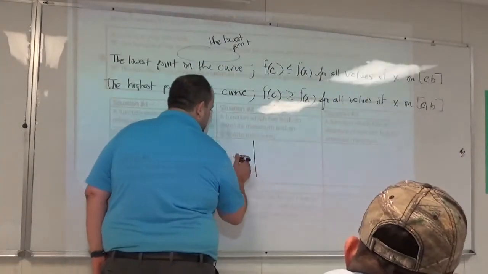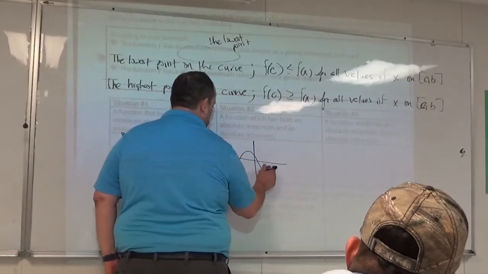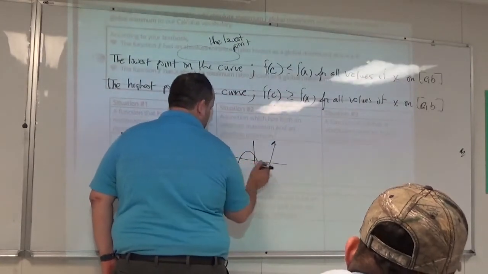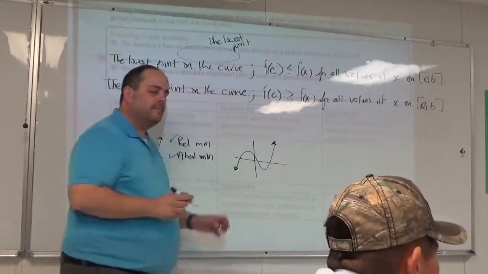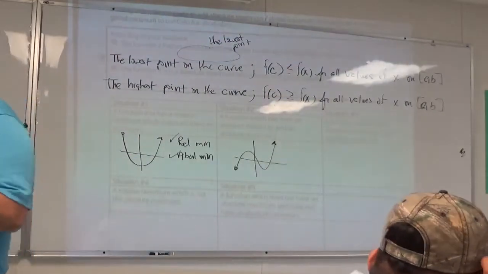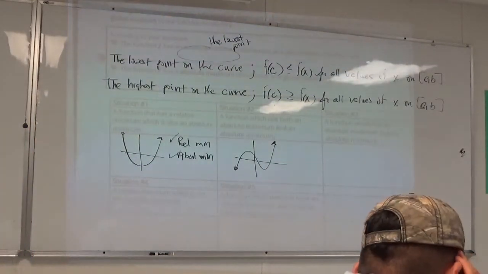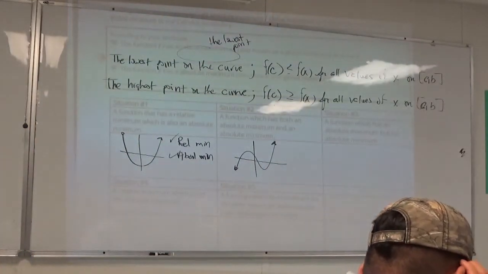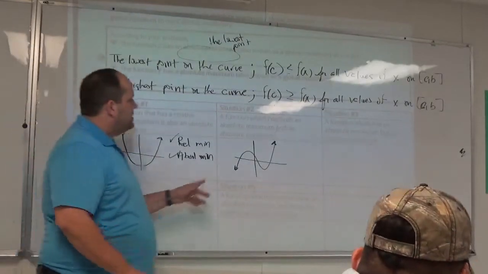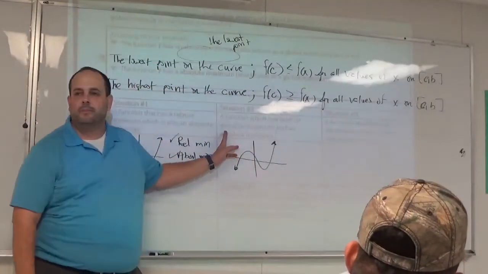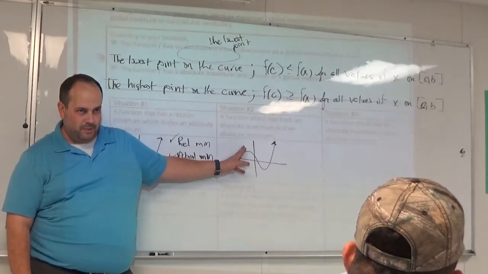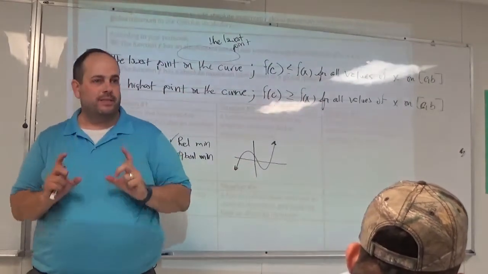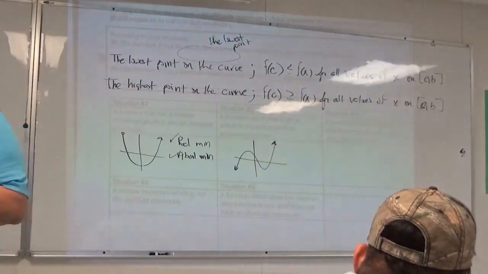Just about everybody that I just walked around to has this graph. No, this graph doesn't work. The situation that I'm asking you to describe is a function that has both an absolute maximum and an absolute minimum. What's wrong with this graph? Why doesn't this graph work?